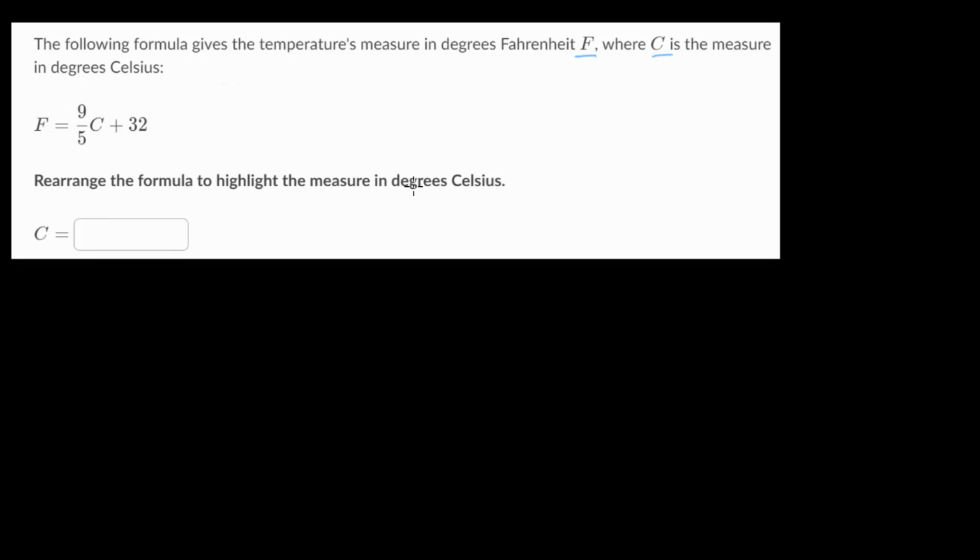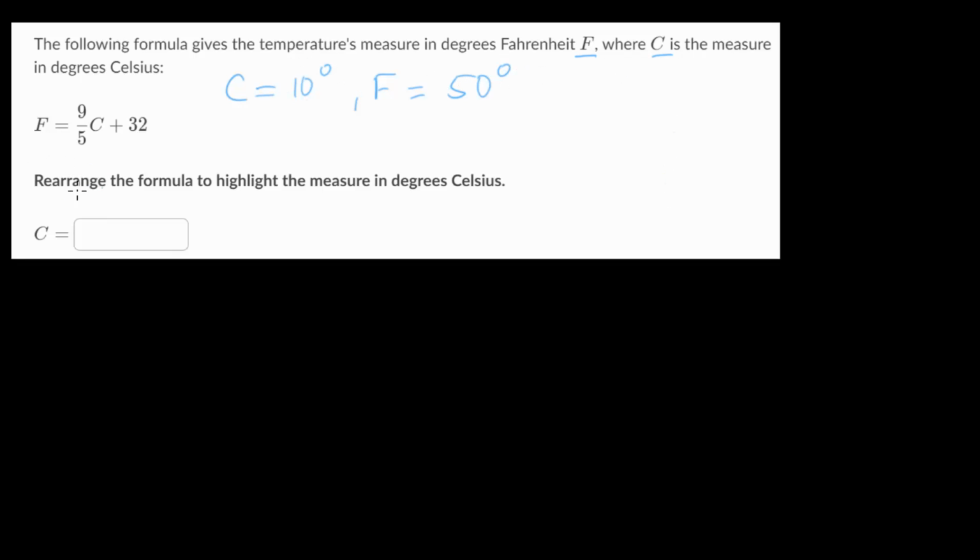And this equation is useful if we ever want to convert between Fahrenheit and Celsius. Let's say that we know the temperature in degrees Celsius is 10 degrees. If you plug this into the formula, you will find that the equivalent temperature in Fahrenheit would be 50 degrees.